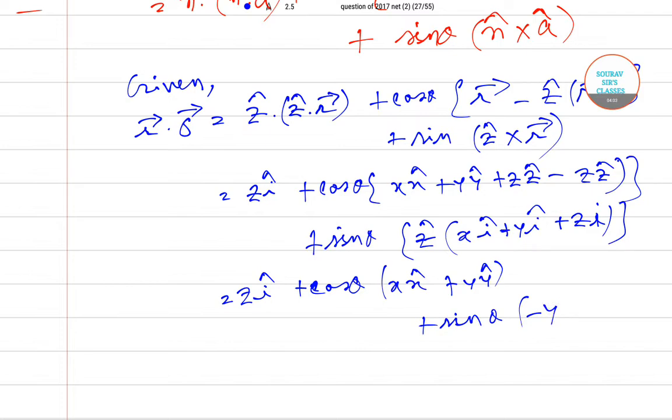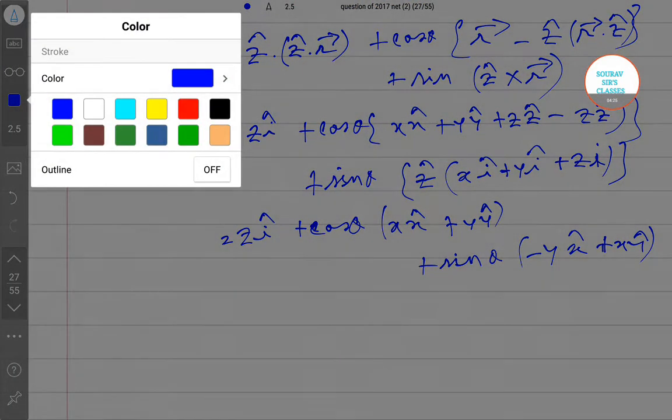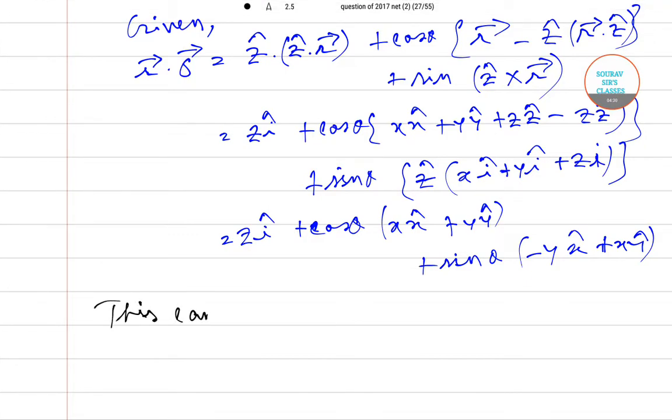This sin theta into minus y i cap and x j cap. This can be represented in a matrix form.